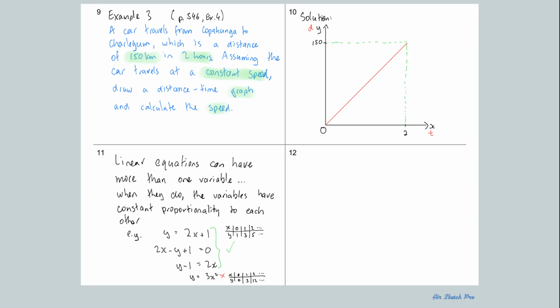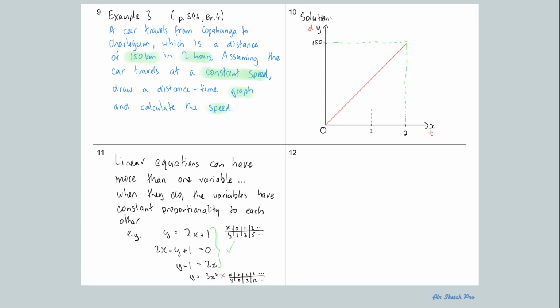Because it's a constant speed, the rate is the same across that whole distance. It's proportional to each other. And so I can read values off it. So I'll do it in a different color. For example, if I halve the time here, I've got 1 hour.